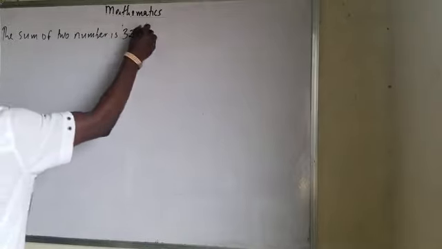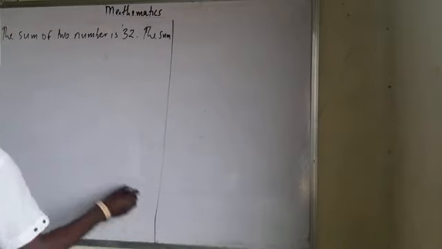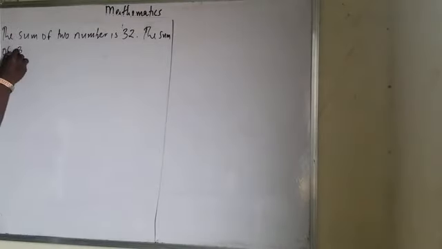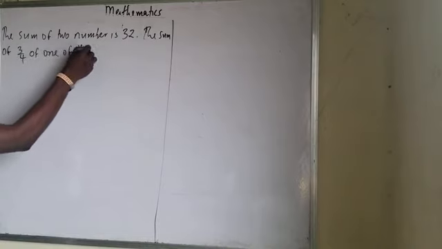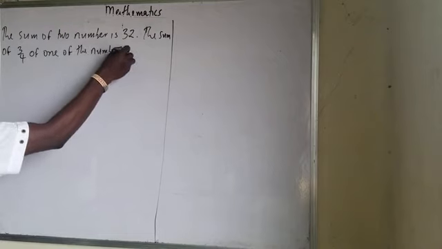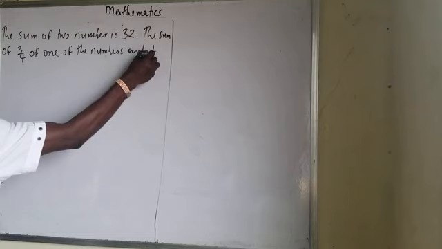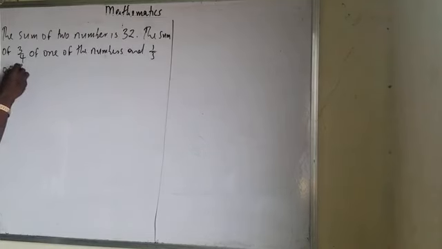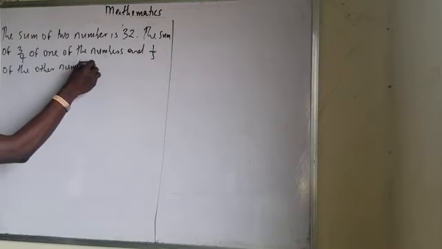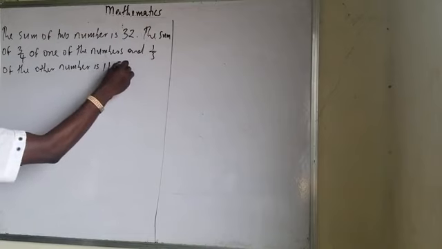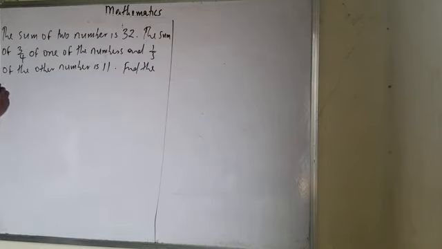The sum of one of the numbers and 1 over 5 of the other number is 11. Find the two numbers. Now, look at this solution to this problem.